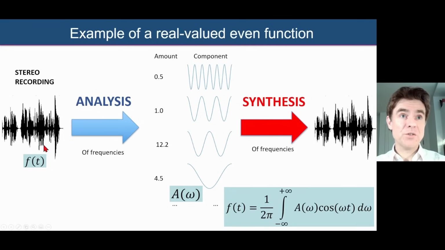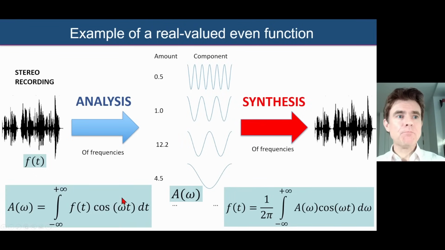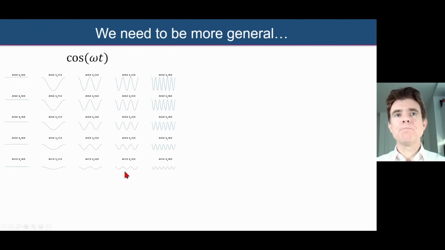And of course, the analysis stage, this A of omega, has been done for each and every omega, each and every frequency of interest. Right, and so that's the summary on the bottom left there of how we did the Fourier analysis. Take f of t, multiply it by the particular frequency you're trying to find the amount of, integrate, and that will give you something proportional to the amount of that frequency.